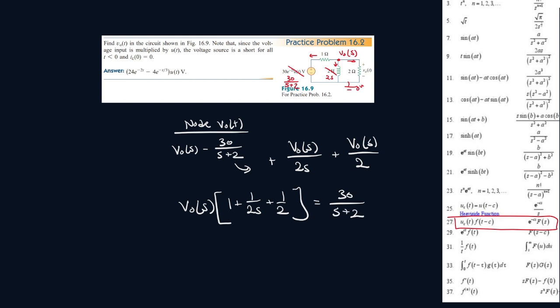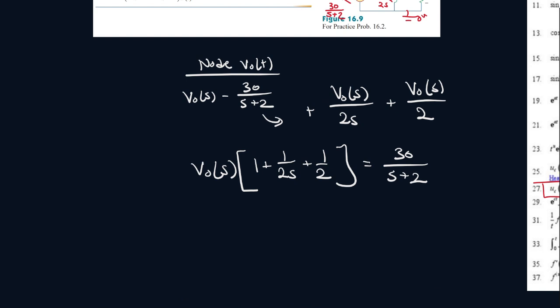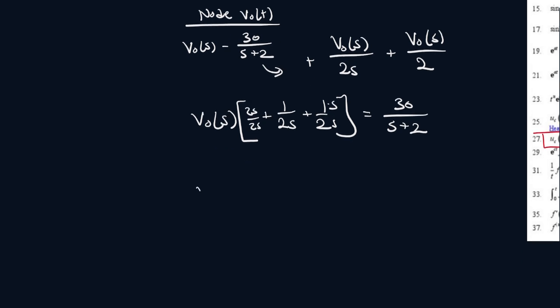Okay? So let's get a like term of 2s. So we'll times this one by 2s, and let's times this by just s. So it'll be 2s plus 1 plus s all over 2s.